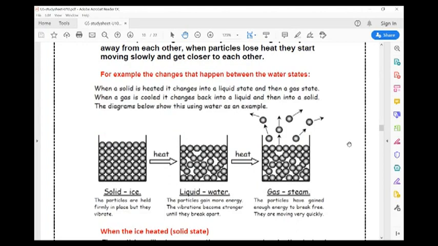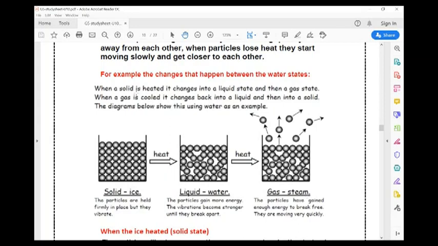For example, the changes that happen between the water states. Water in solid state is called ice, water in liquid state is just water, and water in gaseous state is called steam or water vapor.